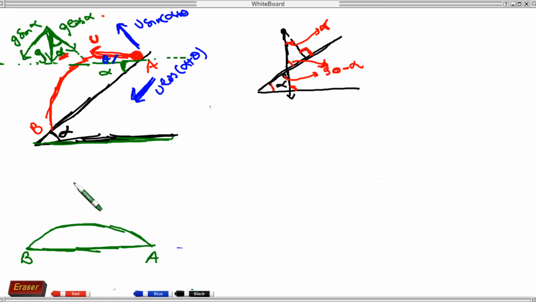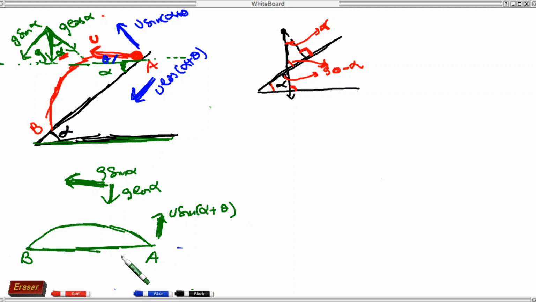The direction of g has a component g sin alpha in this direction and g cos alpha in this direction. Velocity in this direction is u sin(alpha plus theta), and in this direction the velocity is u cos(alpha plus theta).